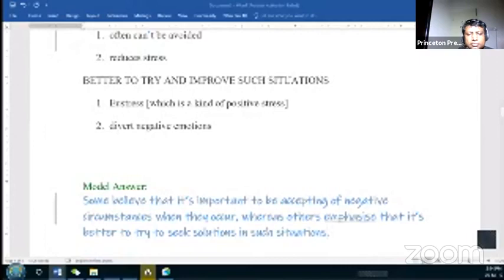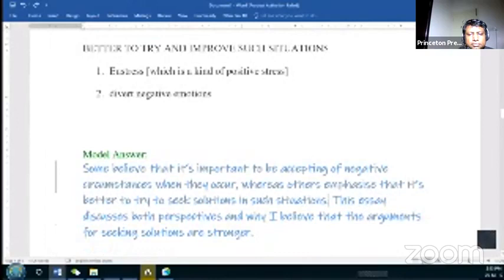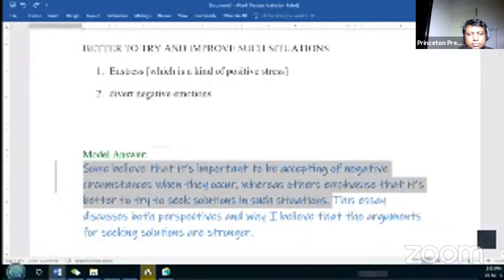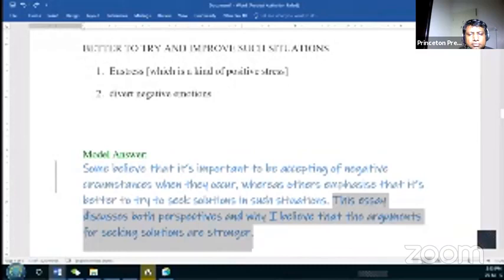This essay discusses both perspectives and why I believe that the arguments for seeking solutions are stronger. So the introduction accomplishes two things. We paraphrase the topic so that the reader, the examiner, knows what the topic is, and then we indicate clearly what the essay is about, both perspectives and our opinion.